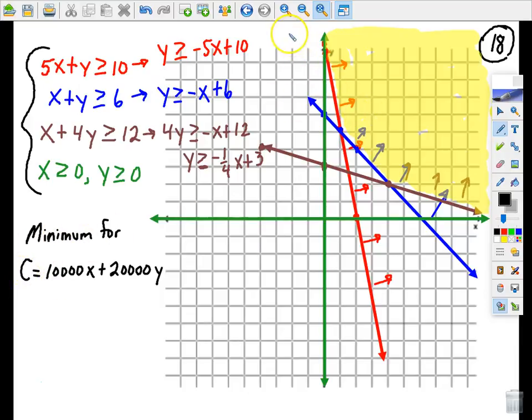I think most people understand how to get the values of C, and you're looking for the lowest value of C. Okay, so we got a vertex up here at 0, 10. We've got a vertex here at 1, 5. And still on the feasible region, we've got a vertex here at 4, 2.